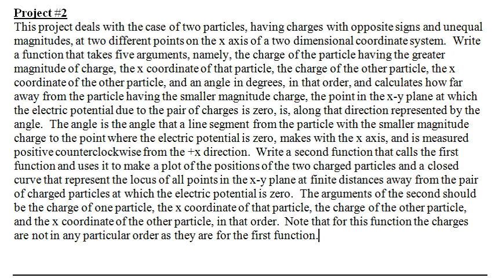We're supposed to write a function that has 5 arguments in order: charge, position, angle, and the bigger charge comes first. And then we're supposed to find out how far away from the smaller charge, in the particular direction specified by the angle, a point where the electric potential is 0 is.